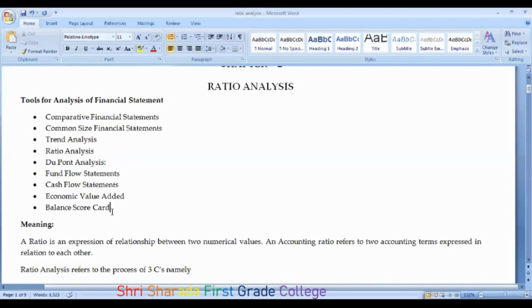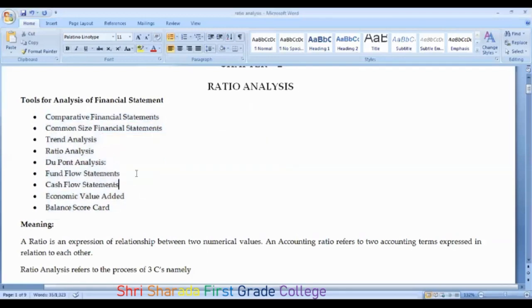It is simply to understand how well the firm is performing, whether the firm's performance is good, bad, or stable, which will be understood with the balanced scorecard. Clear? So these are the tools for analysis of the financial statement.